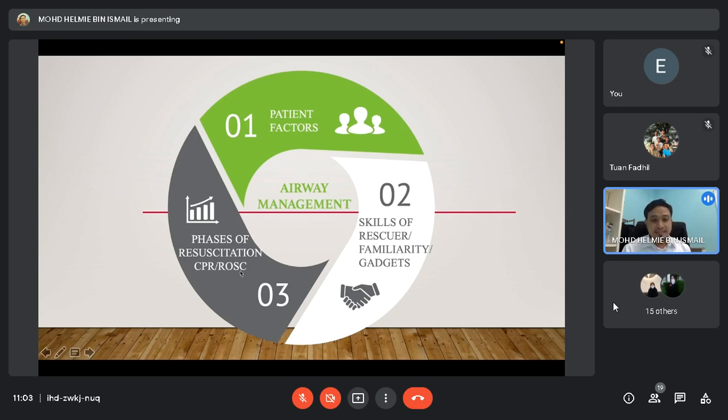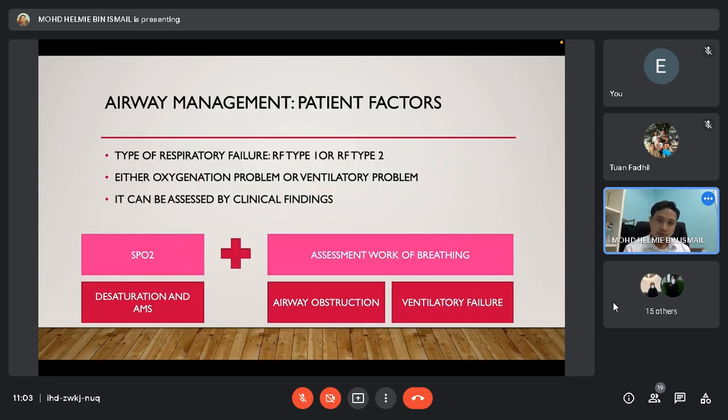When the patient has ROSC, possibly you have plenty of time to intubate. You need to prepare the patient first, prepare the position, prepare the airway, and then you can intubate this patient. However, during CPR, you need to intubate very fast, less than 10 seconds.